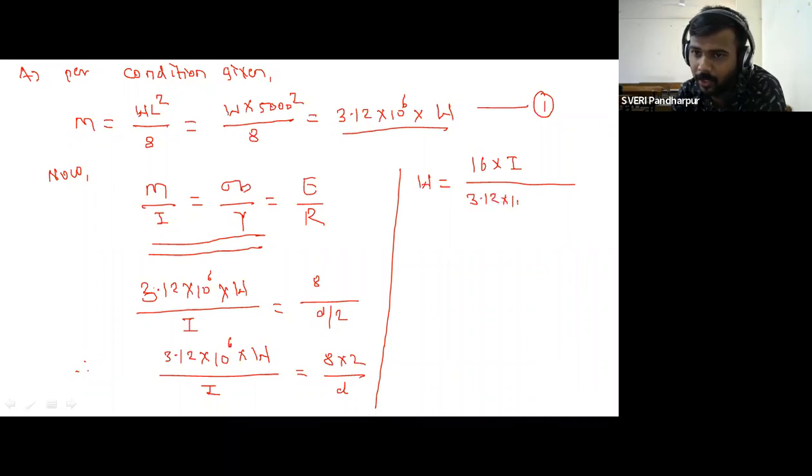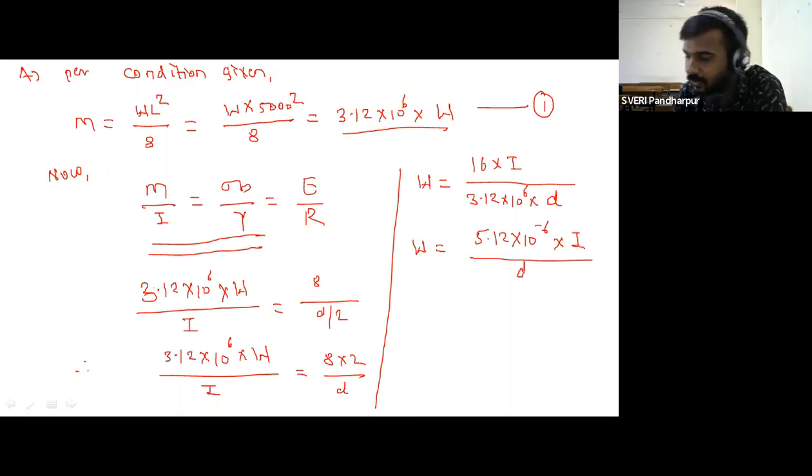So W is equal to 16 into I divided by 3.12 into 10 raised to 6 into D. Do this calculation: 16 divided by 3.12 into 10 raised to 6 is 5.12 into 10 raised to minus 6, multiplied by I as it is, divided by D as it is.